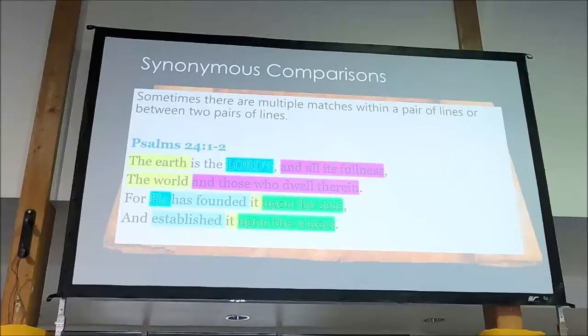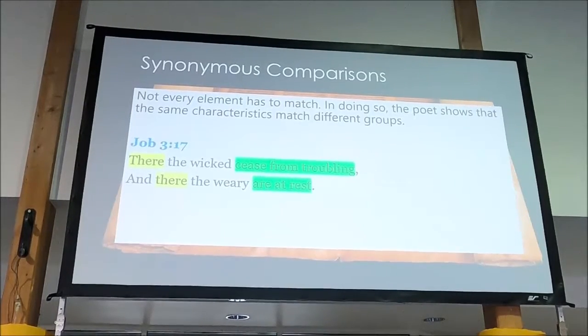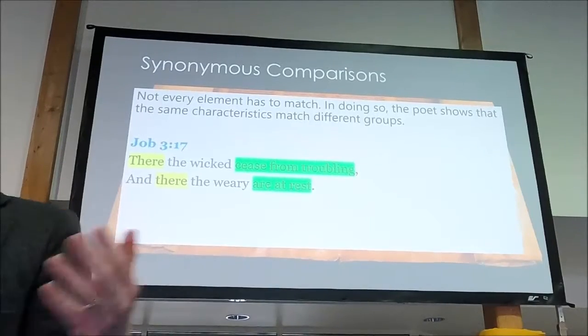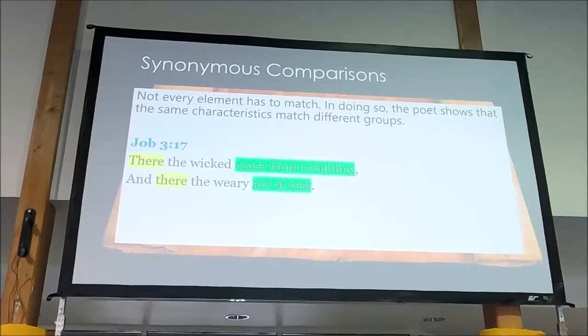Okay, where are the pairs? There. That's an obvious one. Cease from troubling and ceasing, and then are at rest is basically roughly stating the same idea.